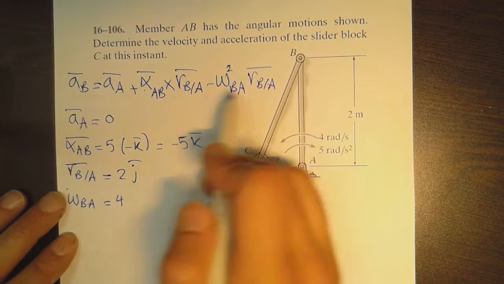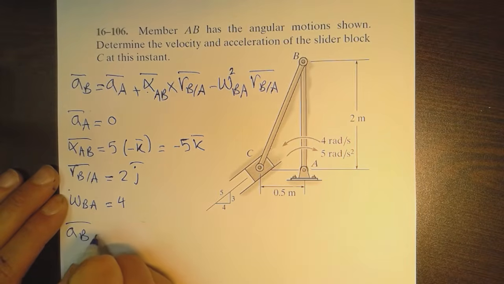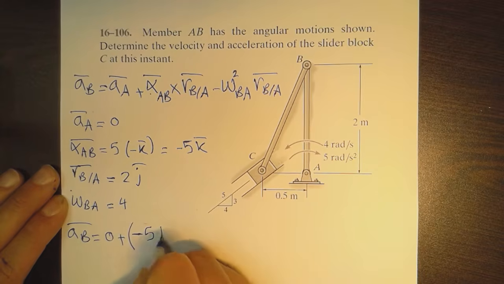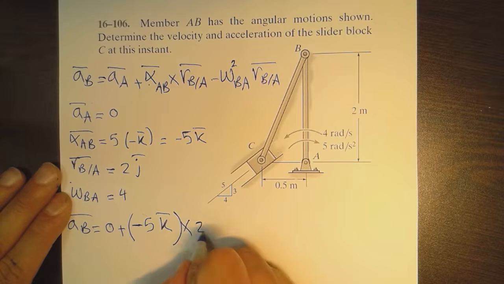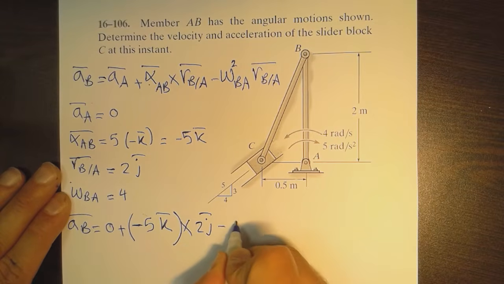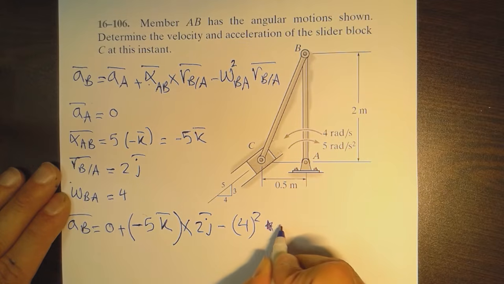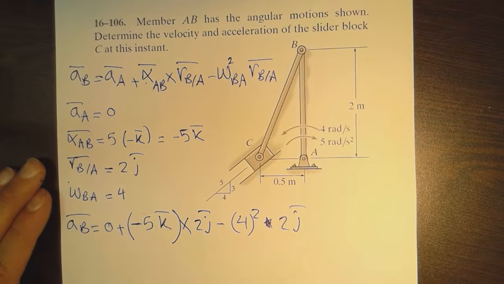I'm going to write it down like this. AB in vector form is equal to 0 plus minus 5k cross product 2j, minus 4 squared times 2j. It's not a cross product here, it is just a simple multiplication.